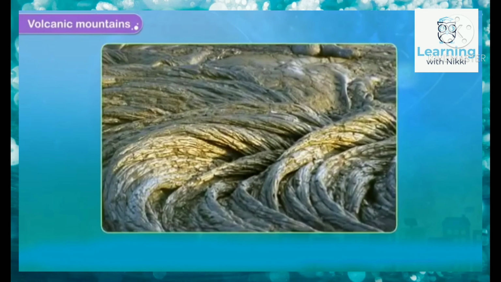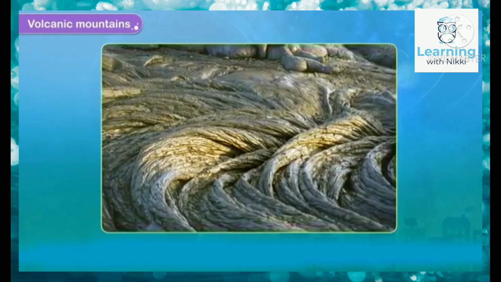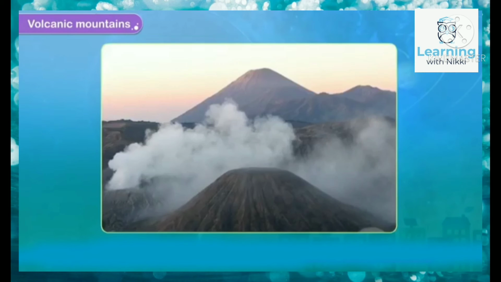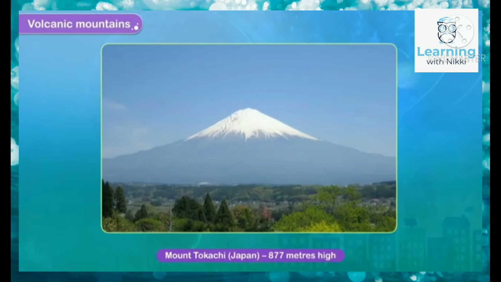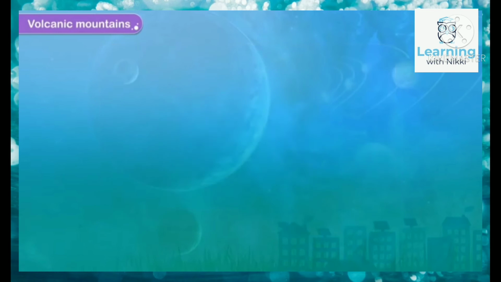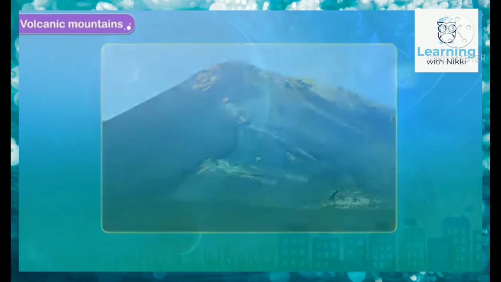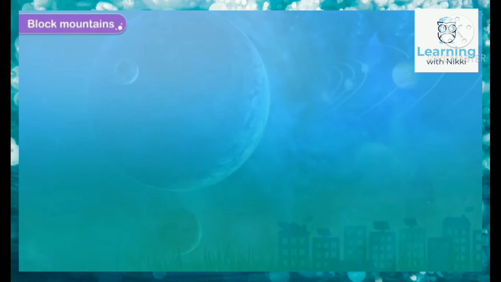On cooling, cooled ash and lava settle, thereby raising the landform, creating volcanic mountains. Mount Tokachi in Japan is a volcanic mountain which is 877 meters high. In the same way, the volcanic mountain Mount Etna, Italy, is 3,329 meters high.